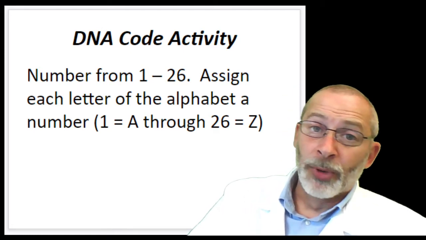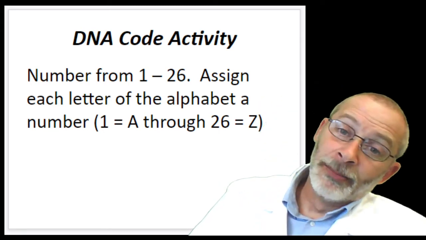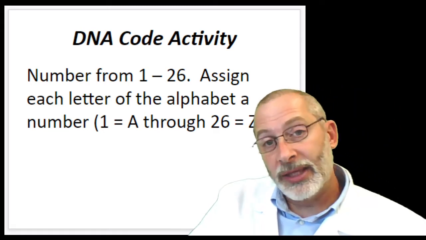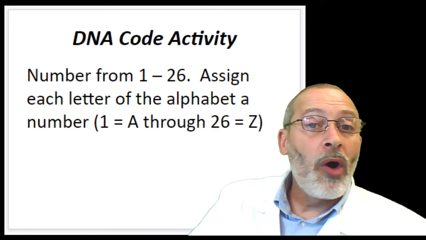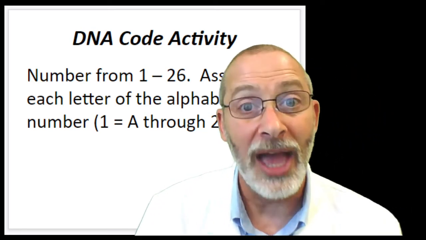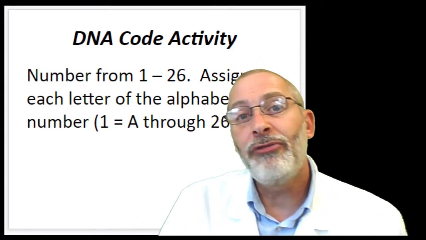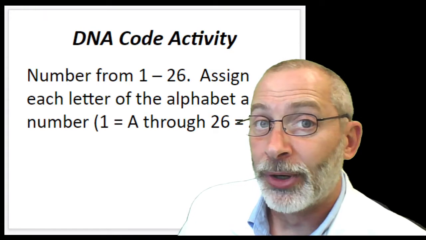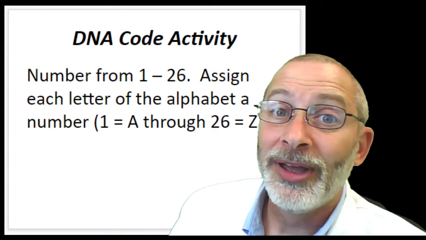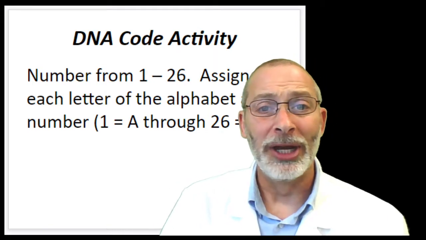Next to number 1, write the letter A. Next to number 2, write the letter B. Go all the way through the 26 letters of the alphabet from A to Z, so that every letter has a number and every number has a letter. You can pause me now until everybody gets caught up.